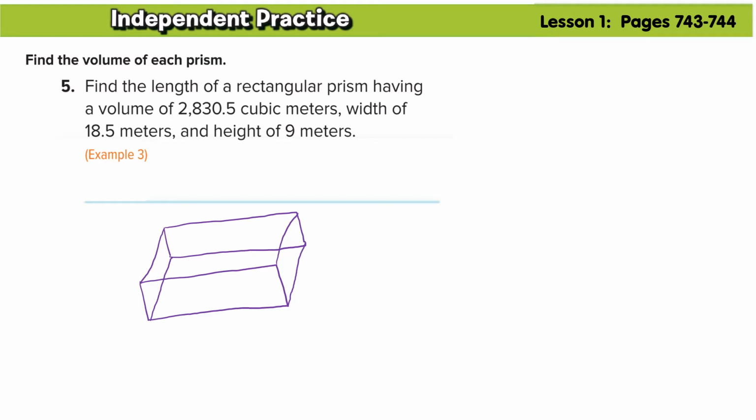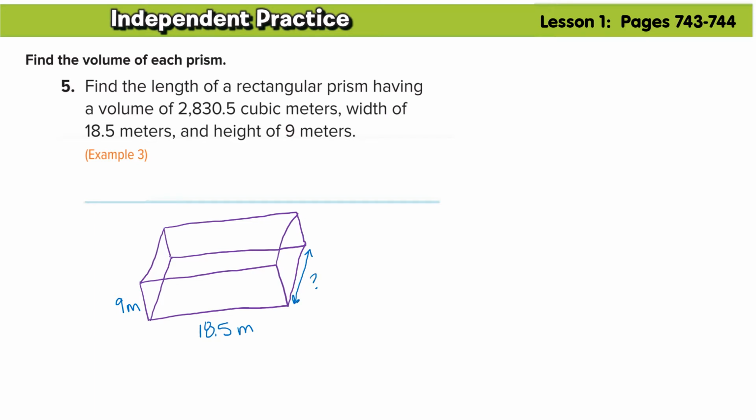Okay, and there's my prism. So what do I know? I know that this is, I'm going to change my color, this is 18.5 meters, and the height is 9 meters. I don't know the width, so this I do not know.